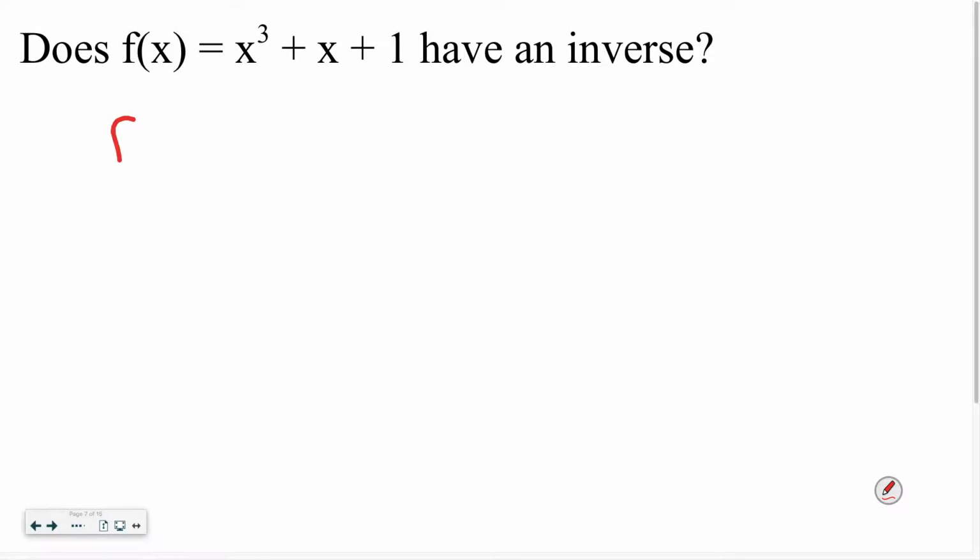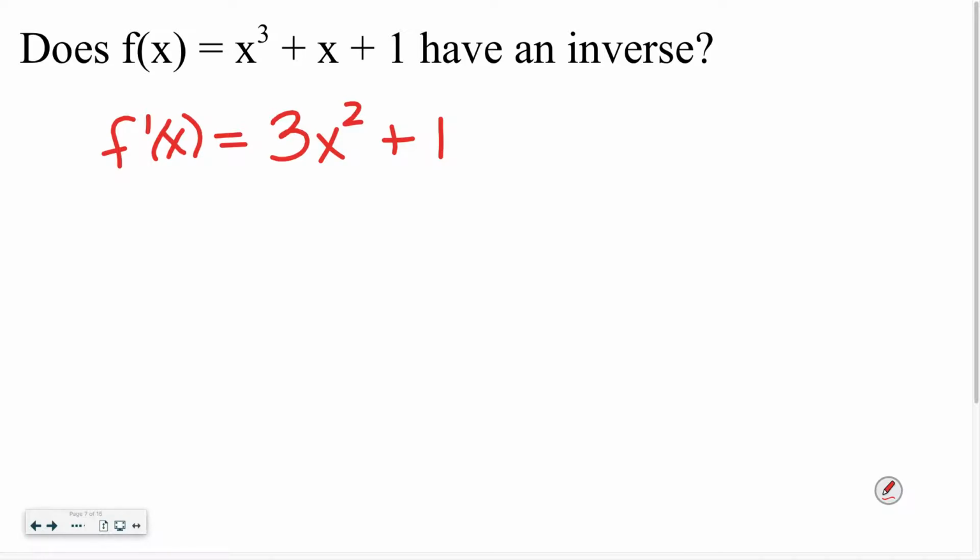Okay? Julia, what's our derivative? 3x squared plus 1. And what do we know about 3x squared plus 1? No matter what we plug in for x, what kind of numbers are we going to get? Okay.